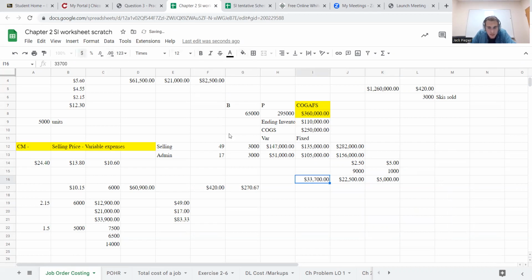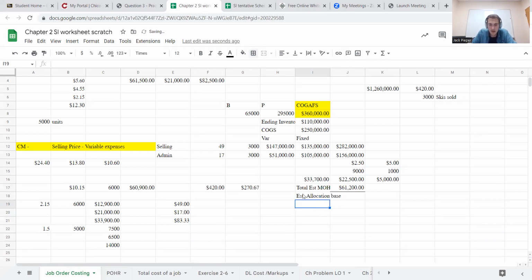So now if we sum everything up, we get our total estimated overhead, total estimated MOH. And then we're going to divide that by the estimated allocation base.